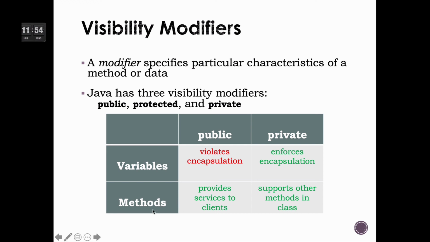The methods, some of them, we will call them public, which is what the clients will be allowed to use. So many classes, you will see that they have their data declared as private and their methods declared as public. Actually, you could have private methods. These private methods are there to make the coding easier, not to be used by the client.